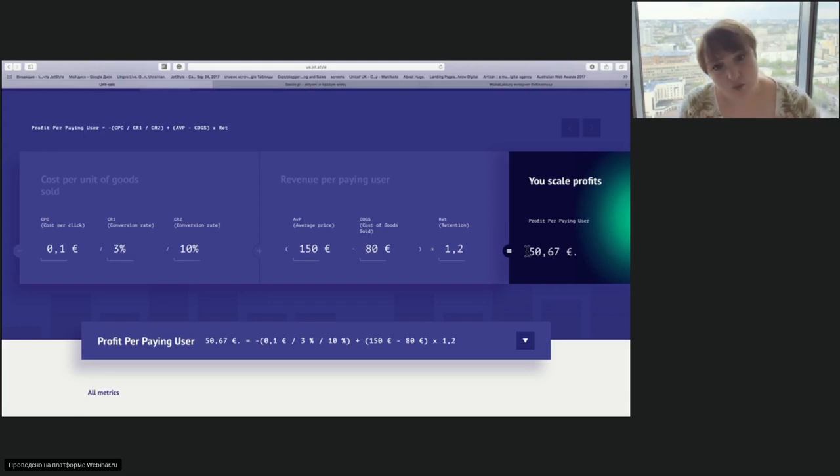But you can also evaluate the efficiency of some partner projects and some referral traffic, and just keep an eye on all those figures, and you'll know what to do next, because that drives you to new hypotheses and new experiments, and that's a great thing to do for a marketer. So here I am with my examples. I hope that was useful, and I'm ready to answer your questions together with Kate. Thank you very much.